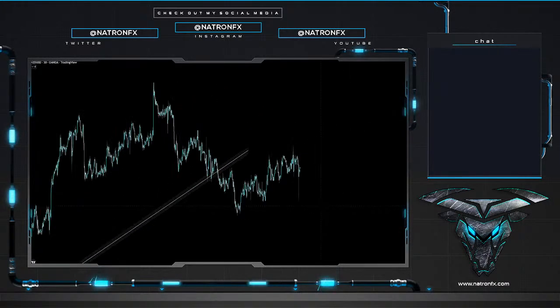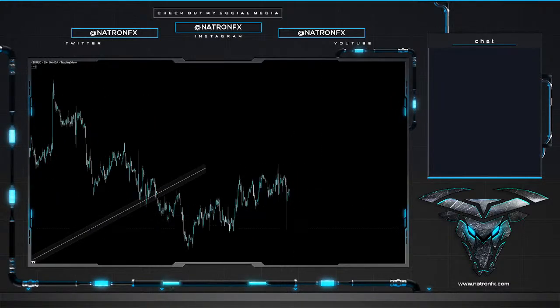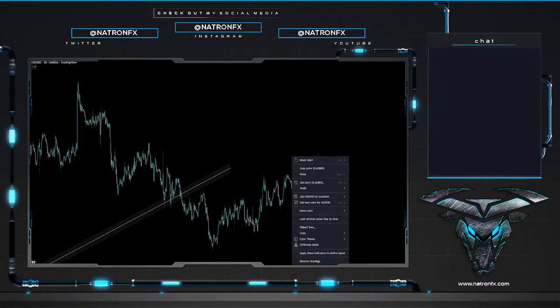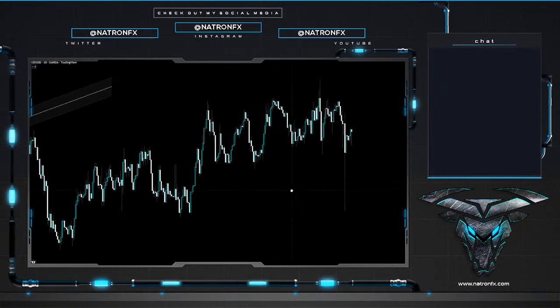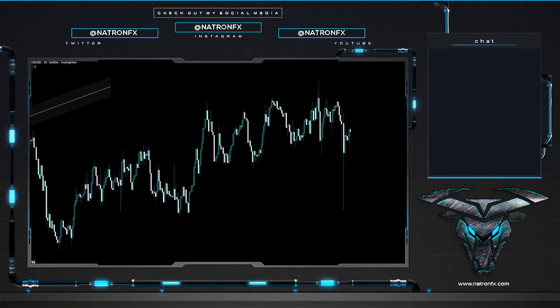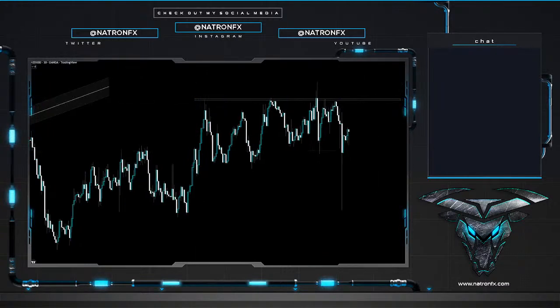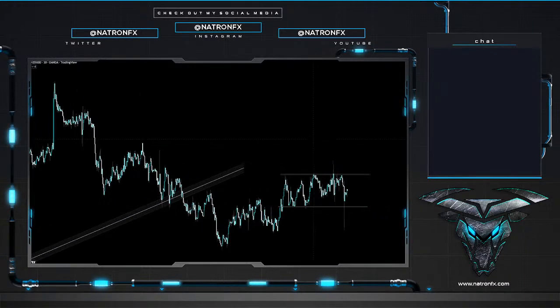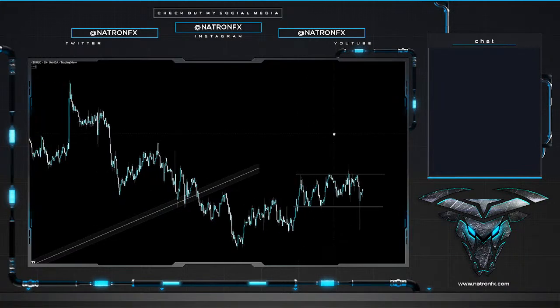I don't know, this price action kind of freaks me out right now. Just marking up charts. I don't know why this big move happened. So this is the 30-minute.